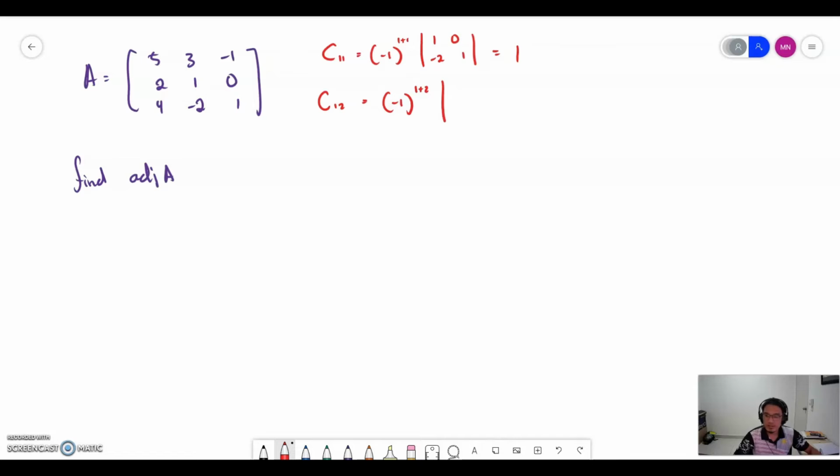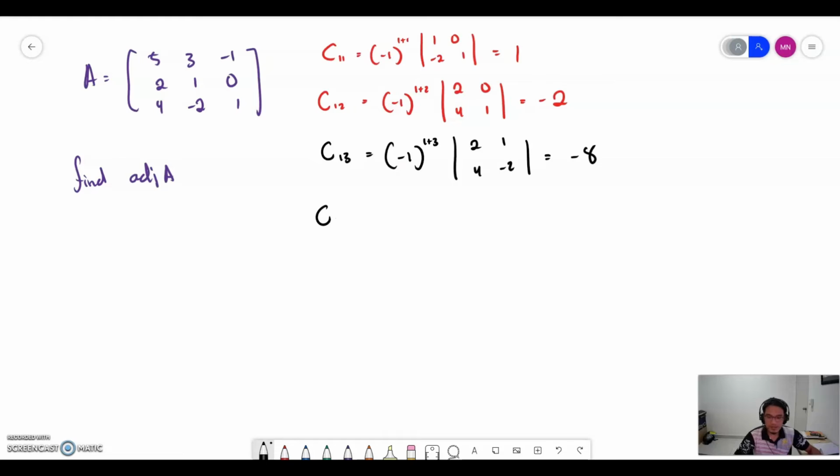C12 is first row, second column, so means 2, 0, 4, and 1. So this is equal to negative 2. So C13, negative 1 to the power of 1 plus 3, 2, 1, 4, negative 2. So equal to negative 8.